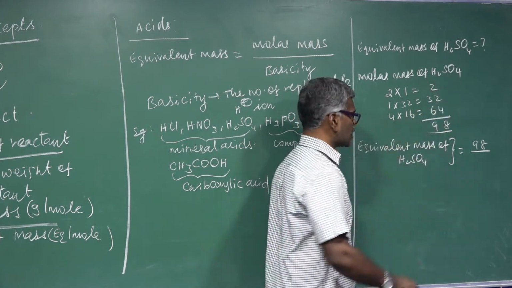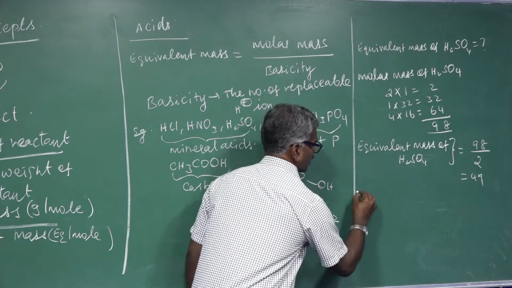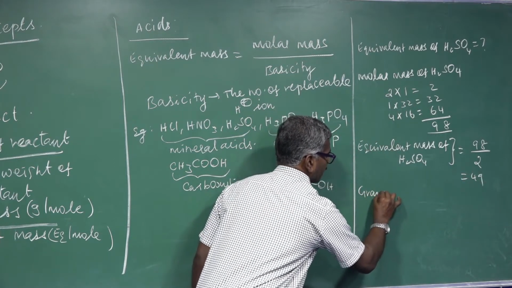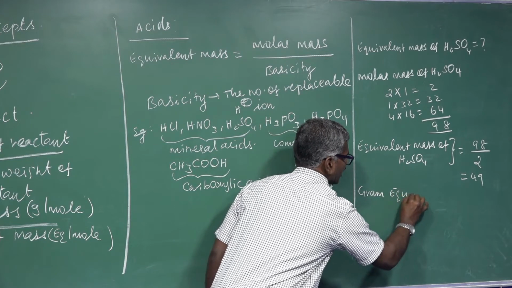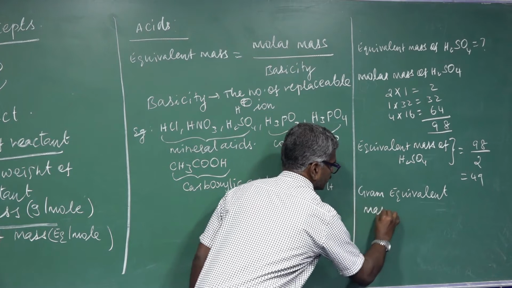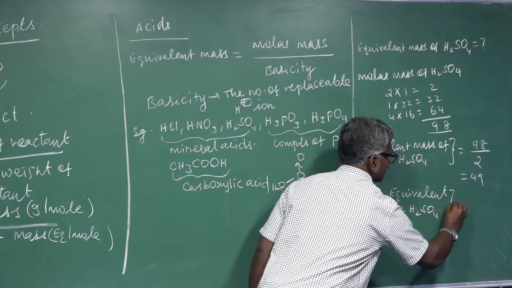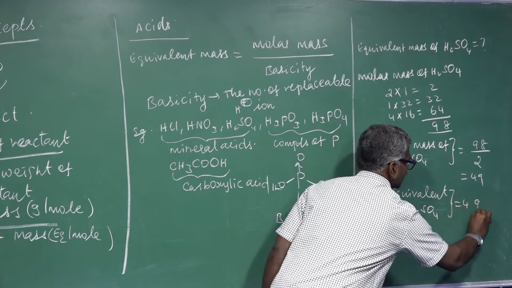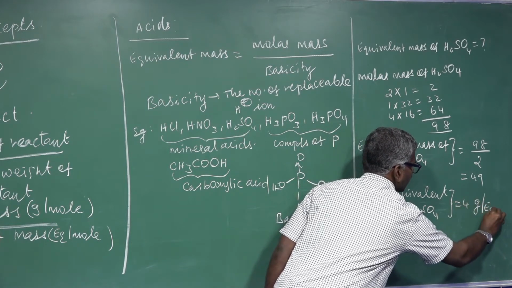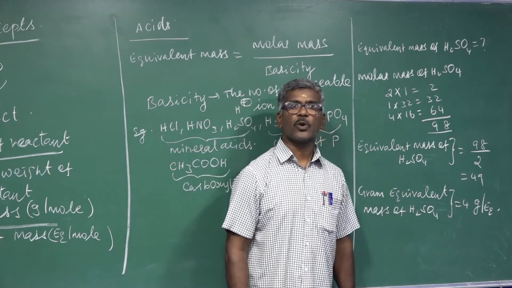So divided by 2, the answer is 49. What is the gram equivalent mass of H2SO4? That is 49 gram per equivalent. This is the answer. This type of question may be asked for 1 mark.